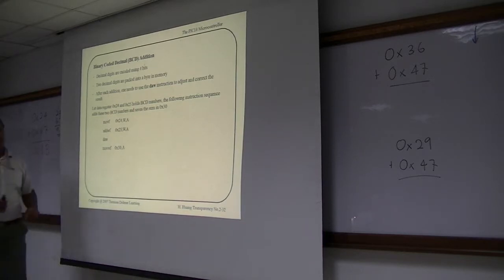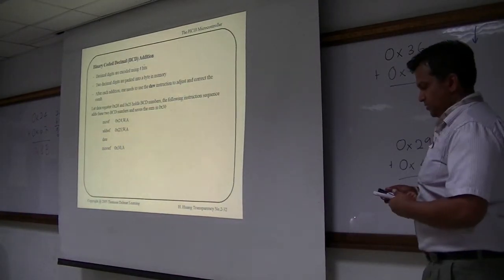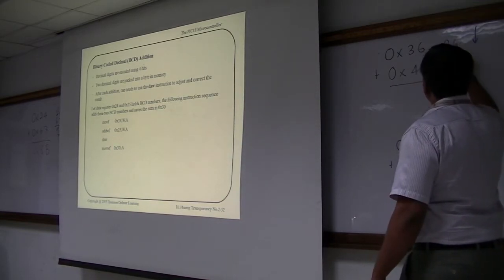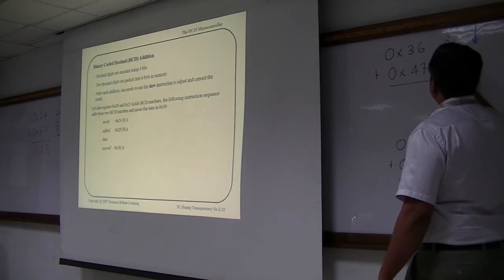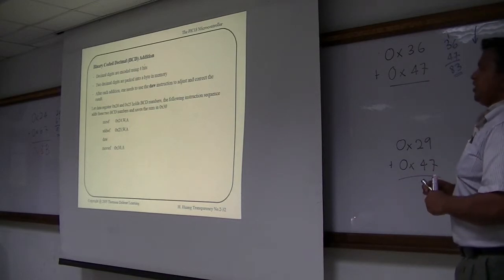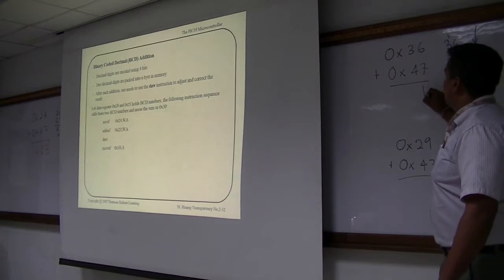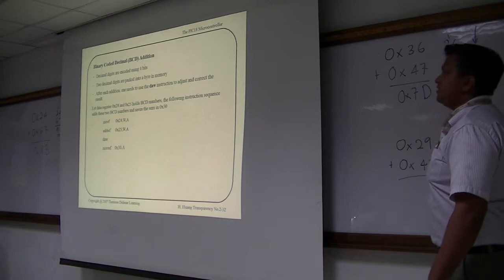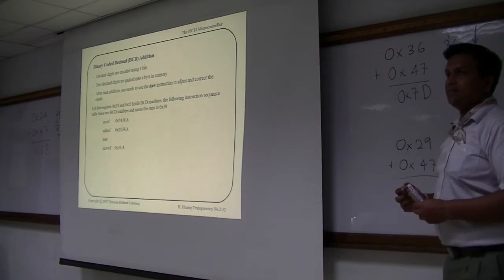So let us look at another example. 36 plus 47 in decimal, what are you supposed to get? You are supposed to get 83. But when you add this, you get 13, and 13 is D. Again, the answer has a character which is not valid in a decimal number.